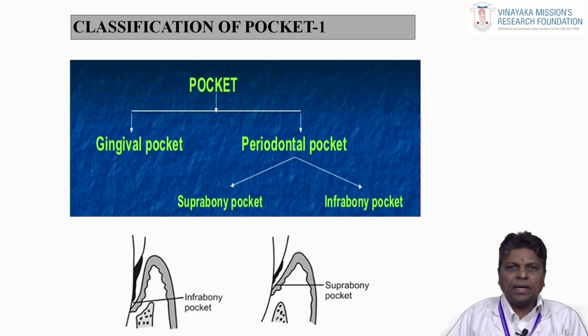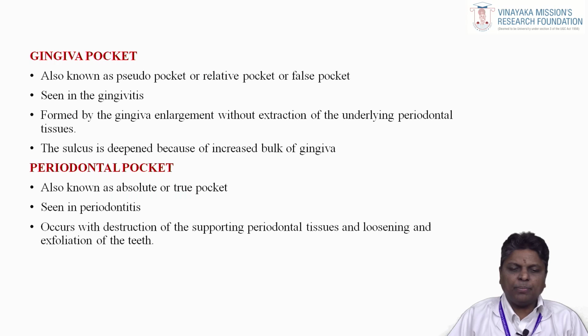You can see in the slide itself, in the infrabony pocket, the base of the pocket, that is the base of the junctional epithelium detached from the cementoenamel junction, is located below the crest of the alveolar bone. In the suprabony pocket, it is located above the alveolar bone. The infrabony pocket's base is located below the crest, and the suprabony pocket's base is located above the crest of the alveolar bone, because the former has vertical bone loss and the latter has horizontal bone loss. So this differentiates suprabony and infrabony pockets.